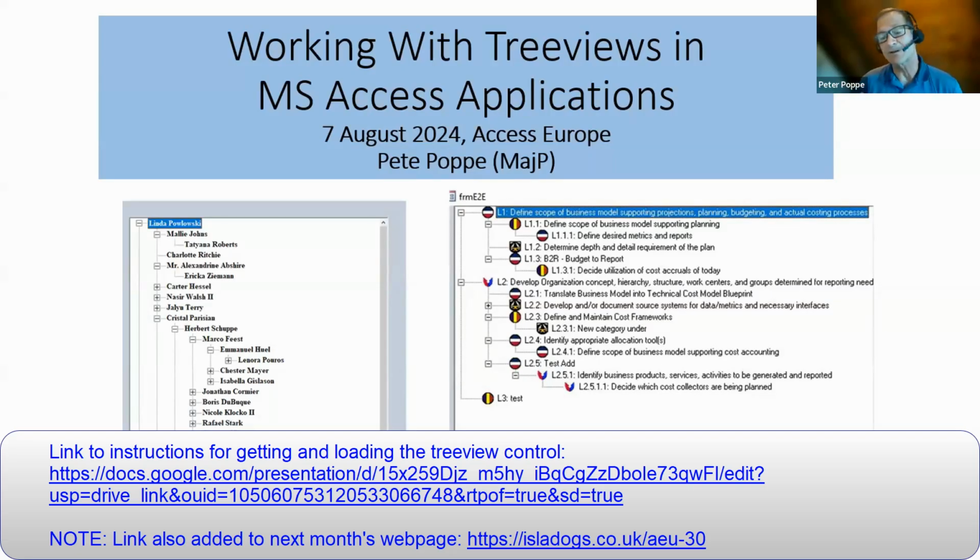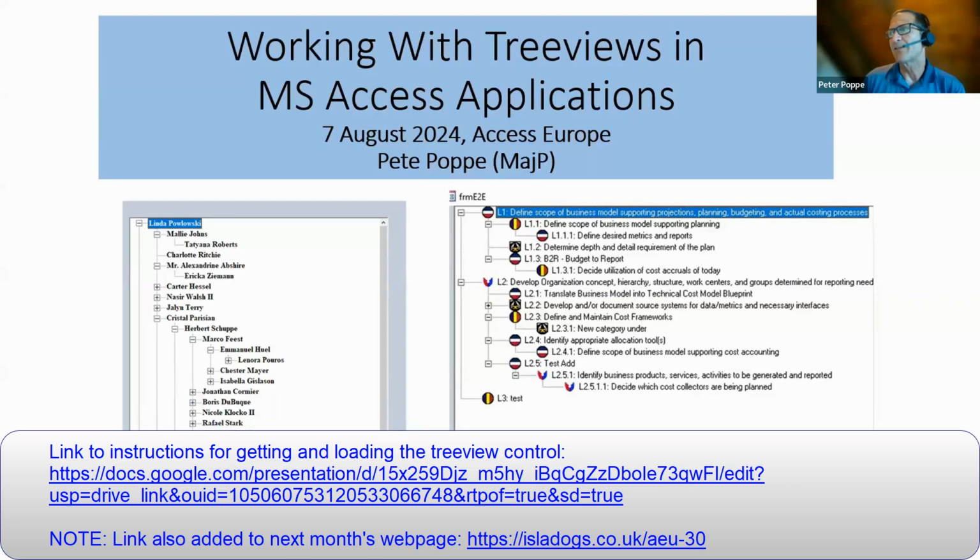I've done a wrapper class, what I call it, because the Treeview controls are not really well reported on. There's not a lot of information. A lot of times it's trial and error, which you can find out on the internet. There's just not a lot of documentation. So what I did, because I've been using them a lot, is build this wrapper class that encapsulates all the functions. So we'll be going through that.